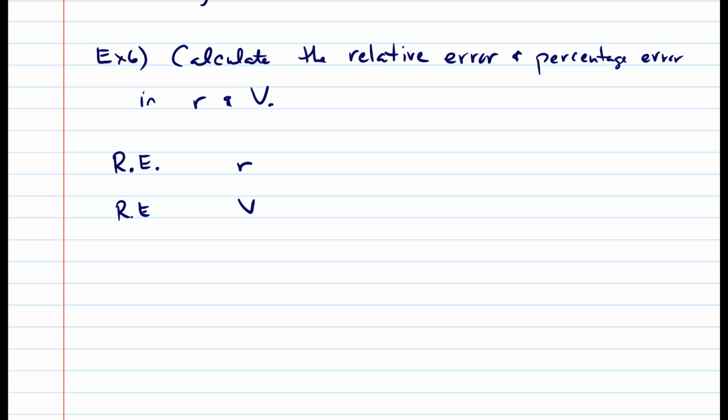So what's the relative error for R? The relative error for R is the derivative of R over R. In this case, it was plus or minus 0.02 inches divided by 50.